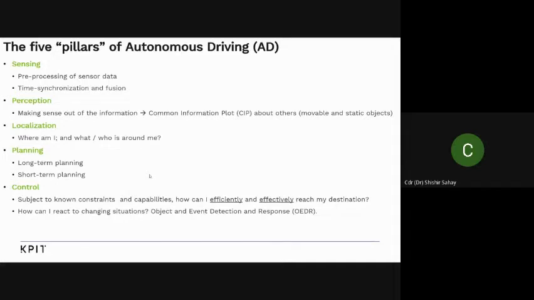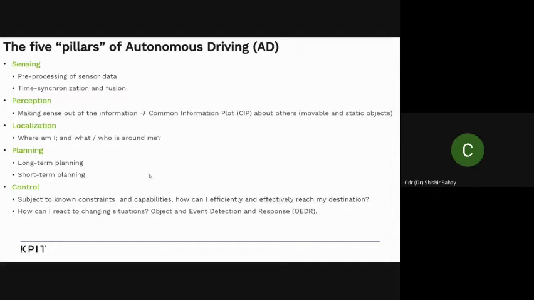So your actions have to keep in mind your capabilities and constraints. And of course, there is the question of efficiency and effectiveness. If you're in a hybrid car, I often give this example, you should know when to use the diesel engine, when to use the electric motor, and when to use a combination of both so that your consumption is less.